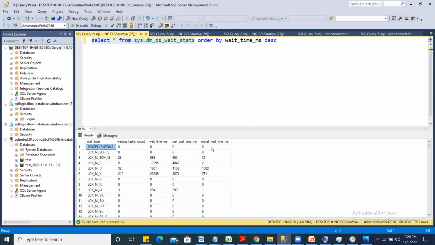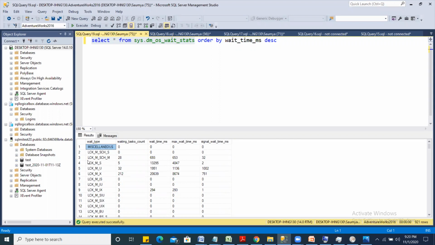This result set is not meaningful for me because it does not give me the list of waits with the highest waiting task count, highest total waiting time, or highest max wait time.